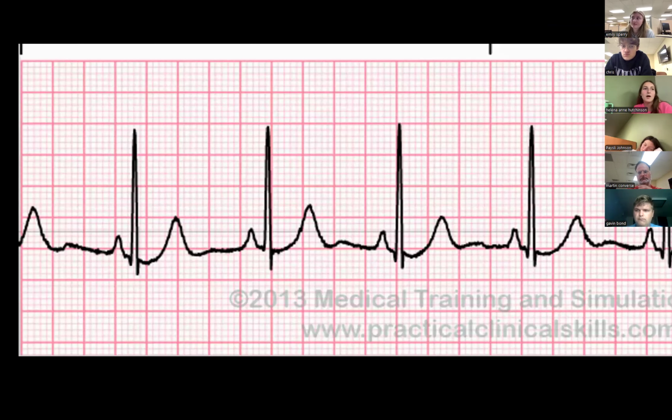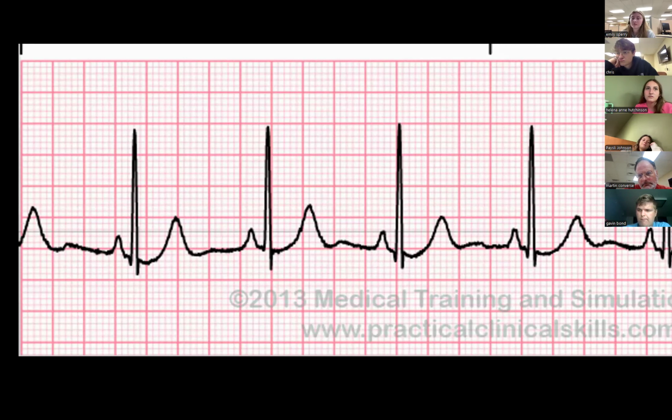Take a look at the PR interval. Does it look to be normal width for you? I'd say it's like 3 or 4 boxes. Is that normal? So yes, normal. Absolutely. And I can agree with you. I think it is 3 or 4 boxes.